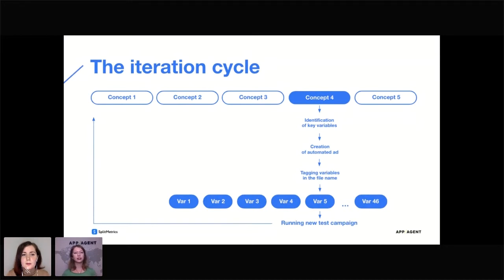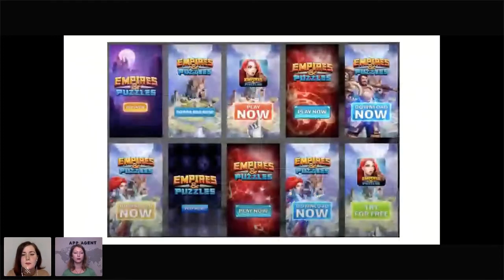As you can see on the next slide, I have an example of various pack shots that we did for a game called Empires and Puzzles. So these are all pack shots of the same video concept, because from all the testing we've done, we actually found out that, surprisingly, this was the most influential element of the whole creative.